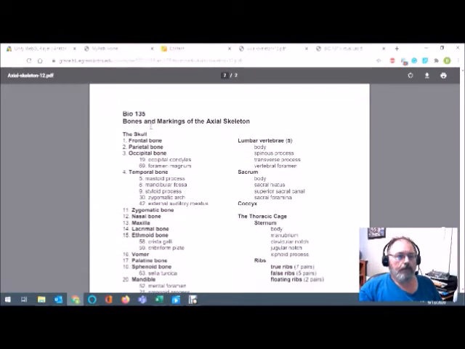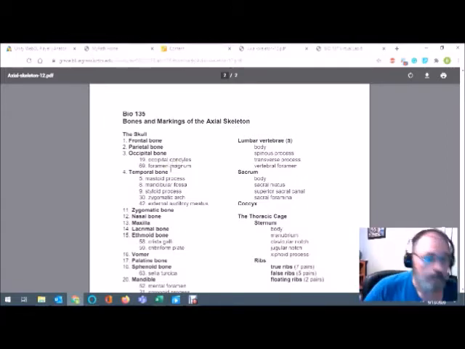Now, we have individual bones listed in bold, and structures that are on the bones are indented and listed not bolded. You'll also notice that there are some numbers there.